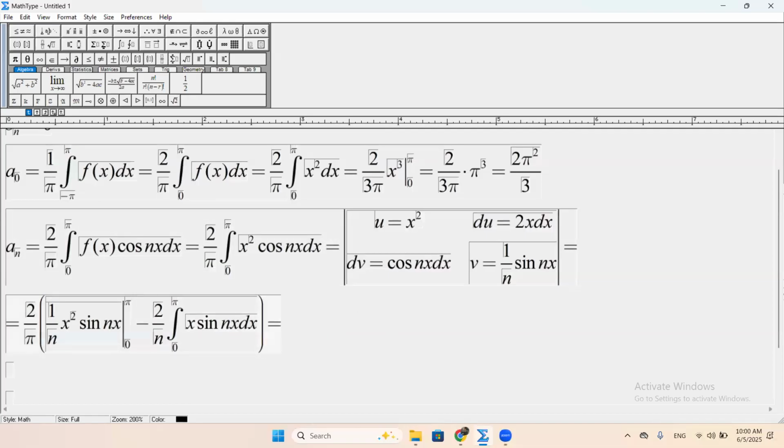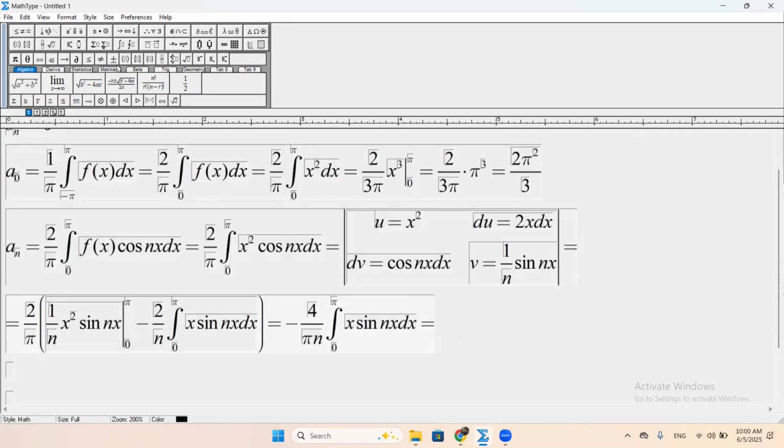So what can we simplify? Here we have sine of nx, so we will have sine of pn and sine of 0. This part will be eliminated, and we will have only this integral. So minus 4 over pn and this integral.